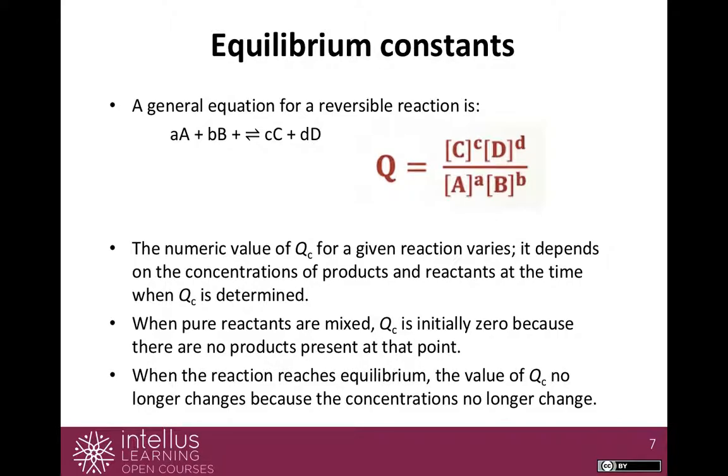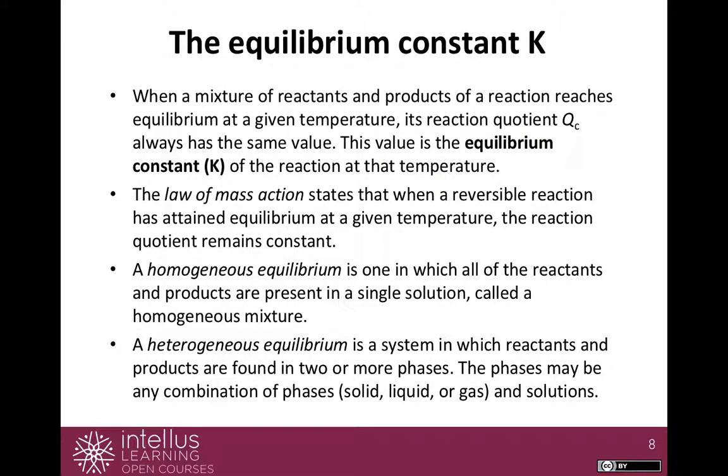Those will all affect Q. So when it reaches equilibrium, we no longer see a change, and the reaction quotient will no longer change. So when a mixture of reactants and products reaches equilibrium, and again, this is temperature dependent, its equilibrium quotient, or QC, reaction quotient, has the same value.